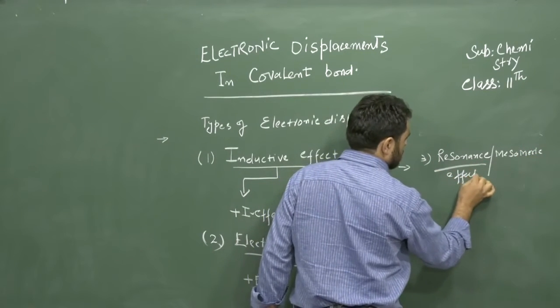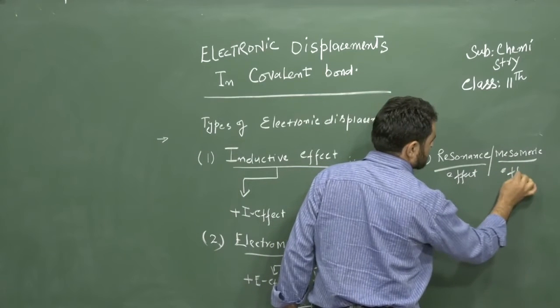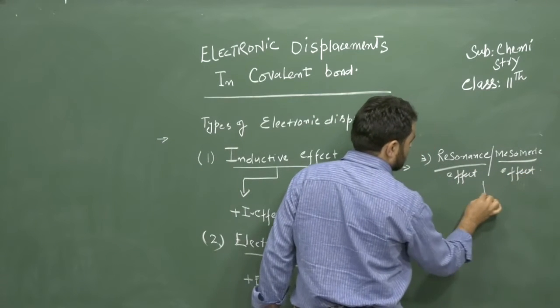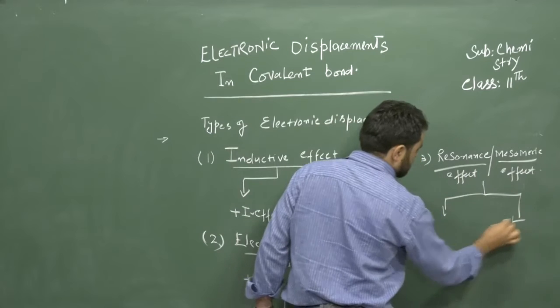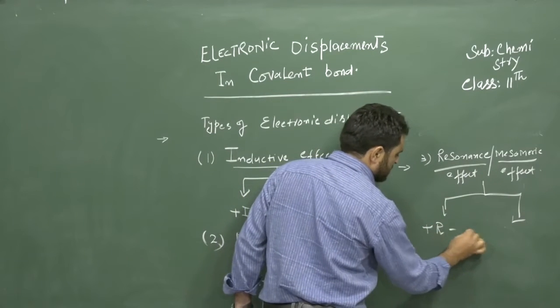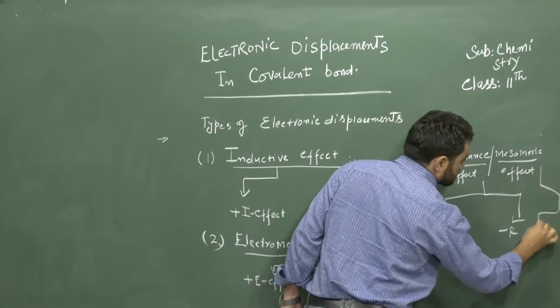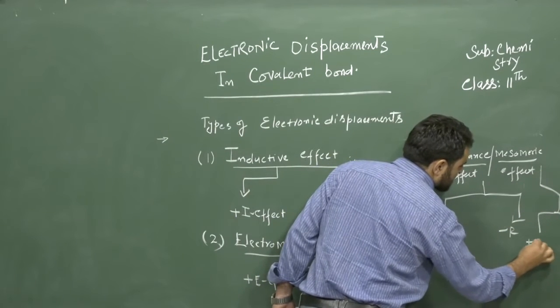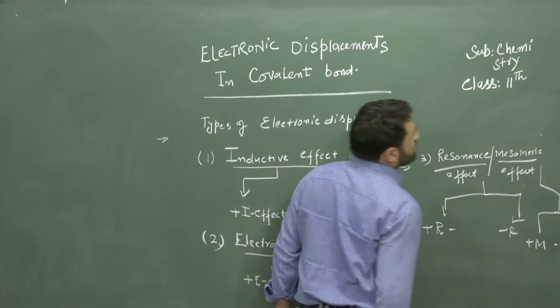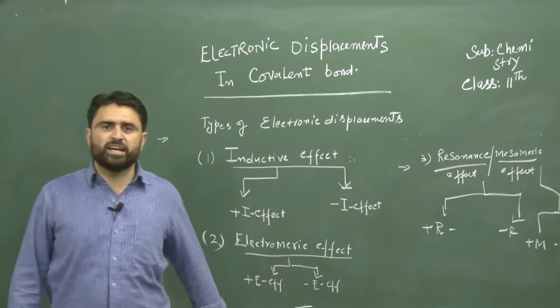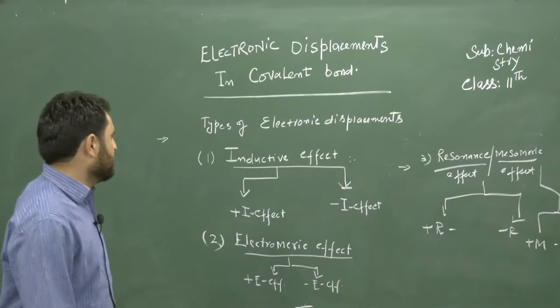Both have types: plus R effect, minus R effect, or in this class plus M effect, minus M effect. Just categorize it as I have written already.